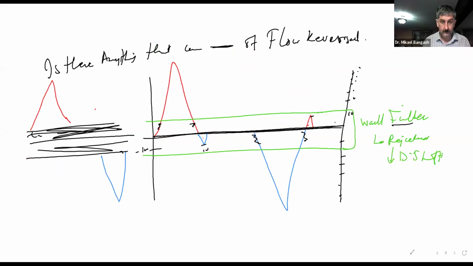So primarily, that was mainly what the wall filter was going to be able to remove, because in both cases it was clutter, low intensity, like this, or this.